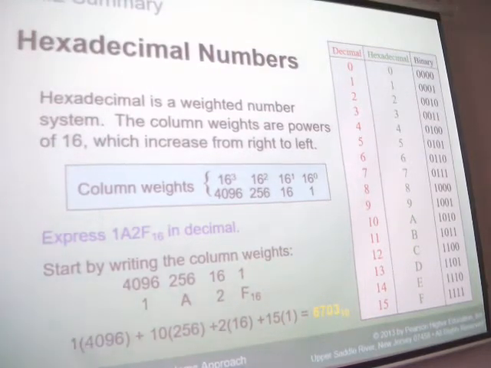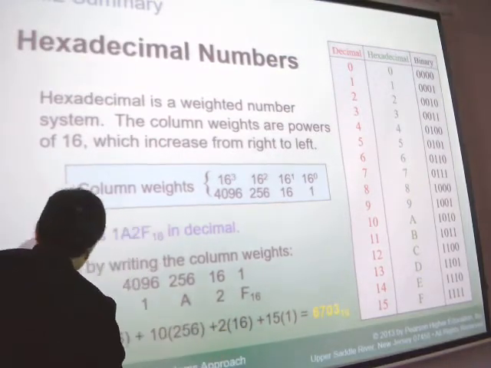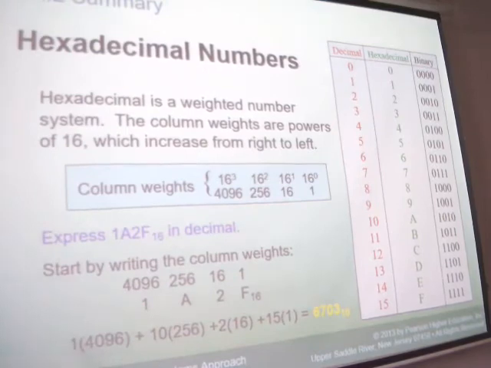One times 4,096 plus 10 times 256, 2,560, plus 2 times 16. 2 times 16 is 32.